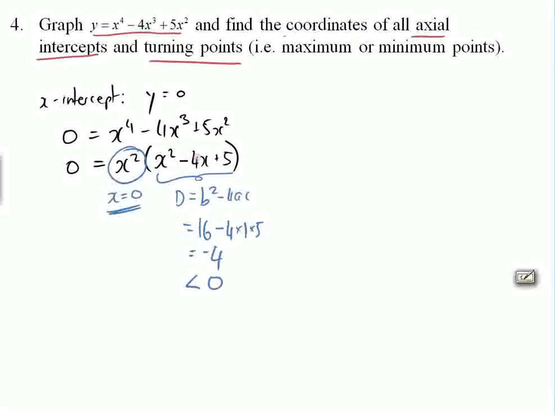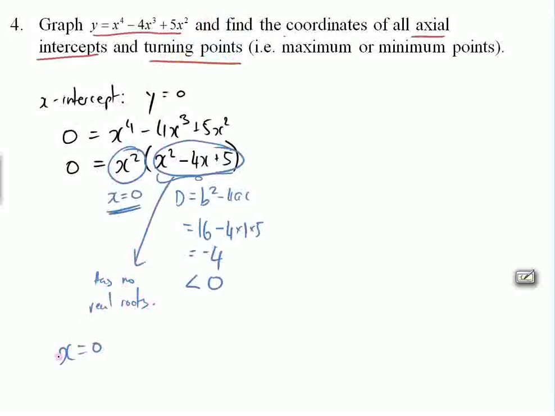So that means this factor has no real roots. It's never going to contribute towards equaling 0. So the only x-intercept is x equals 0.